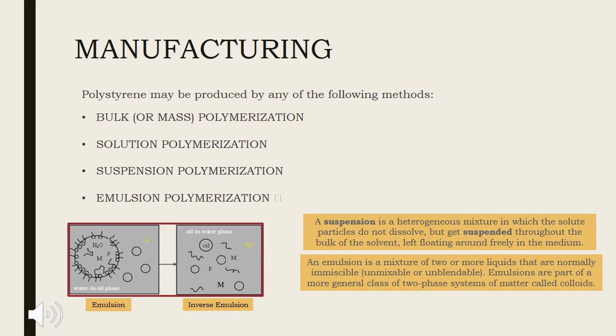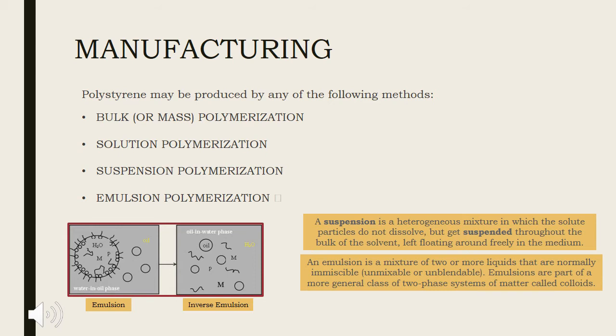In emulsion polymerization, two different solvents are used to prepare an emulsion. An emulsion is a mixture of two or more liquids that are normally immiscible, unmixable, or unblendable. Emulsions are part of a more general class of two-phase systems called colloids.